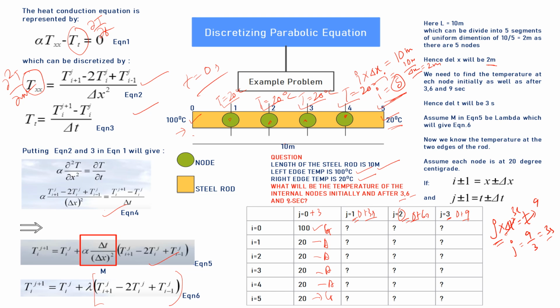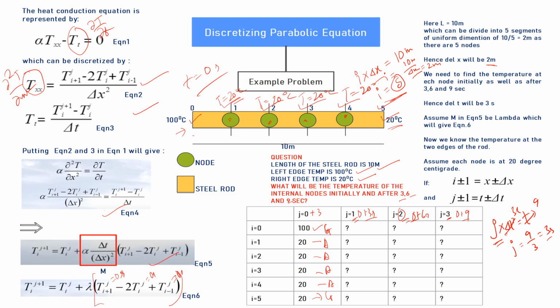So j is your 0 second initial time. This is 0 second. This is also 0 second. Now what is the temperature at 0 second for i plus 1? So if I assume that i is equal to 0, then what is the temperature at i plus 1? It is 20 degrees centigrade.